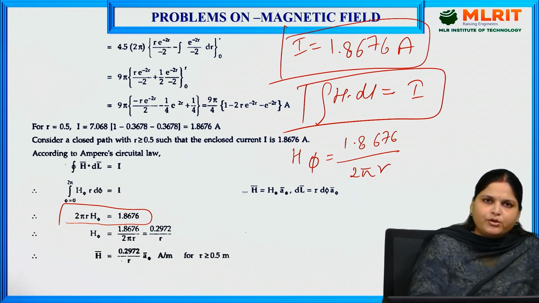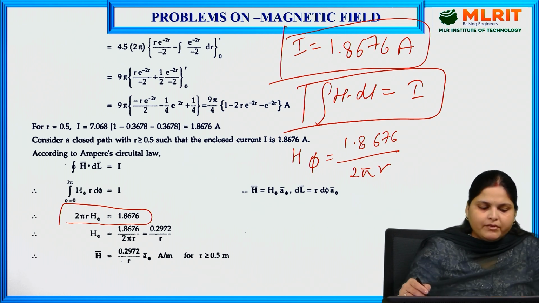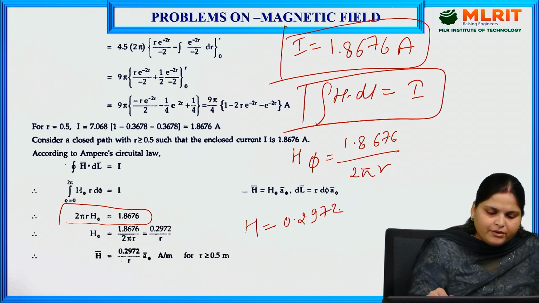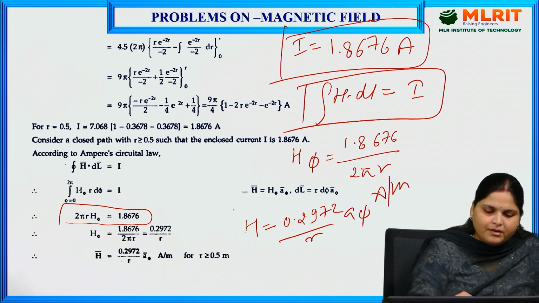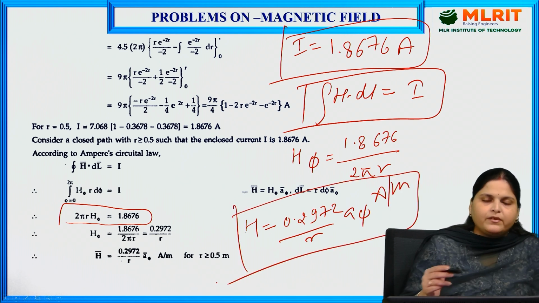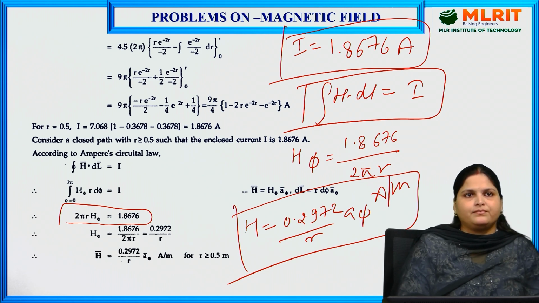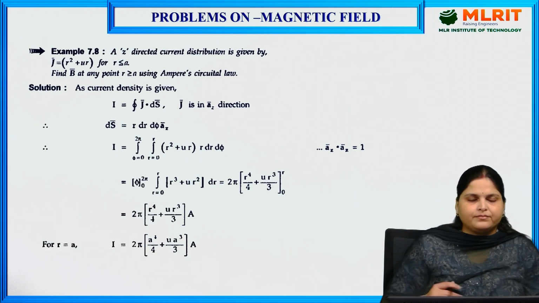Putting in the value of 2 pi, we get H in the phi direction as 0.2972 by r a phi ampere per meter. This is for the region where r is greater than 0.5 meters.